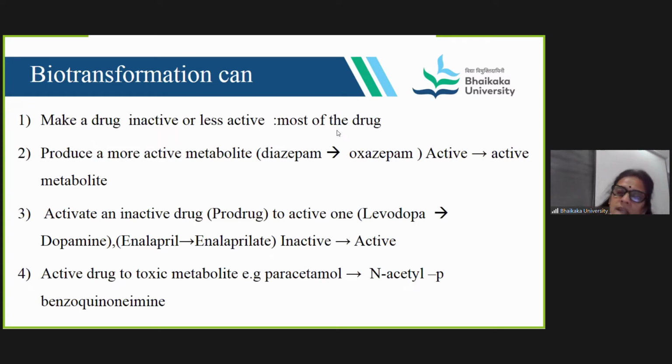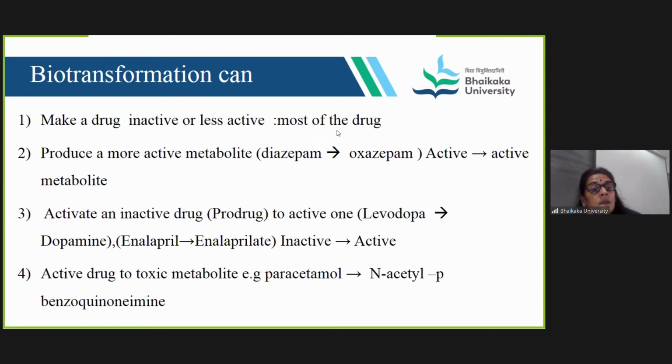It has already acted. Now you require that drug to become inactive. So the first purpose of biotransformation is that it can make a drug inactive or maybe less active. For most drugs, the purpose of biotransformation is this only. You require to make a drug inactive.